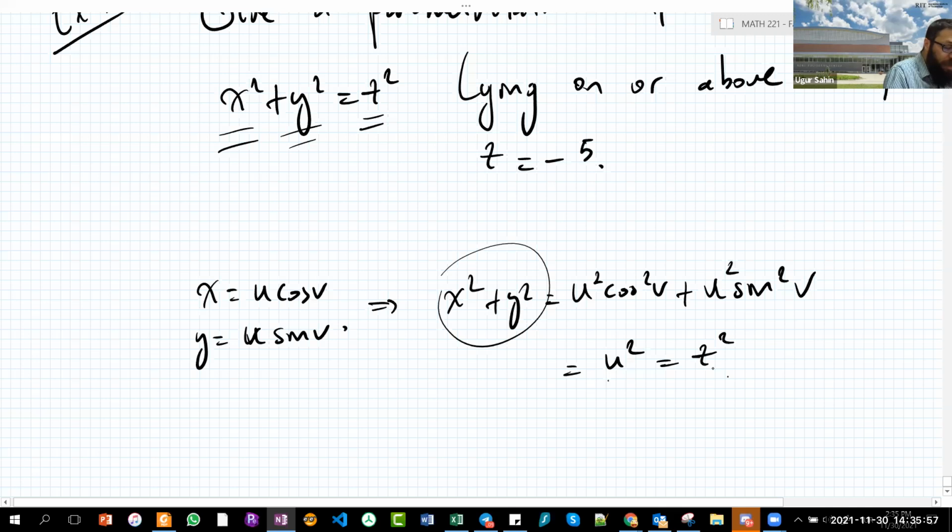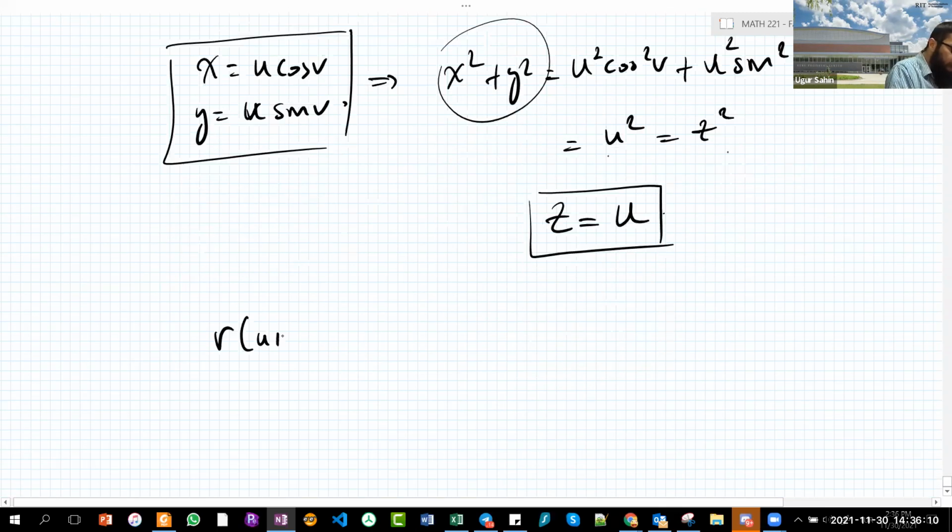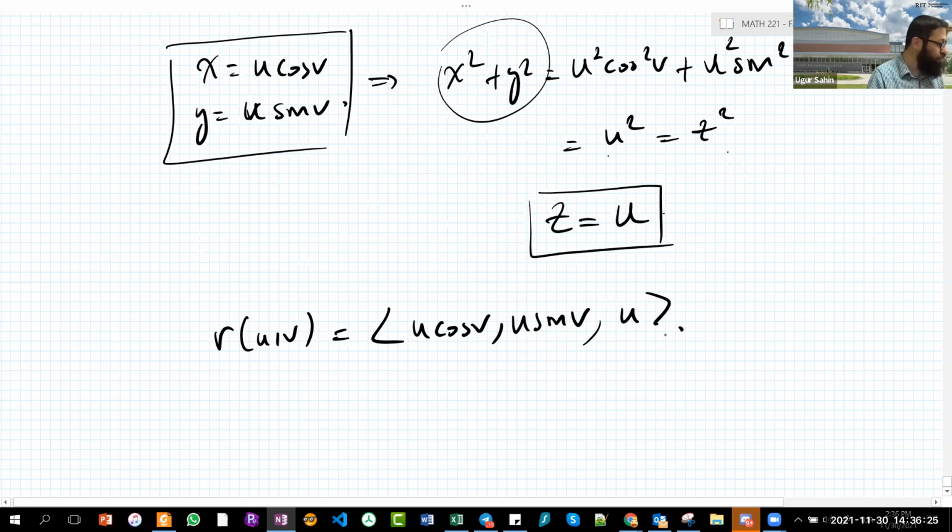Did I find something, the parameterization for z? Yes. As you see, z is equal to u. And then I found the parametric relationship for x, y, and z. And that's how I'm going to give the parameterization: u cosine v, u sine v, and just u.